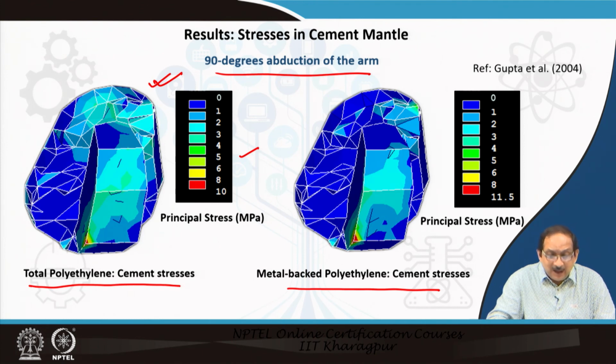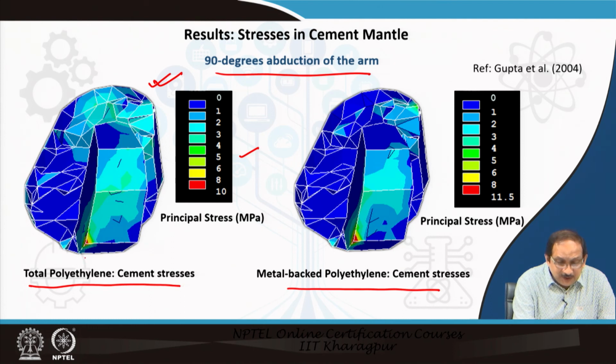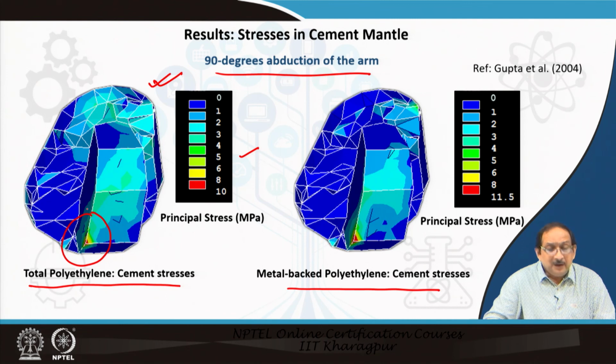However, around the tip of the keel, as you can see here, the stresses in the cement were comparatively higher, in the range of 6 to 10 MPa.